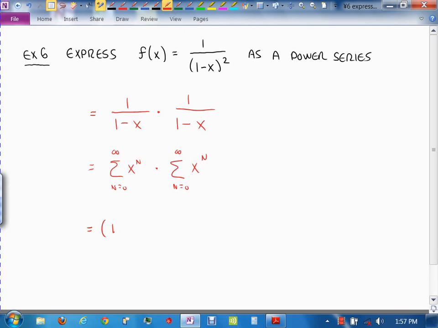Isn't that 1 plus x plus x squared plus x cubed forever times 1 plus x plus x squared plus x cubed forever? That's multiplication. So wouldn't you have to do 1 times all these, plus x times all these, plus x squared times all these, plus x cubed times all these? That'd be kind of crazy.